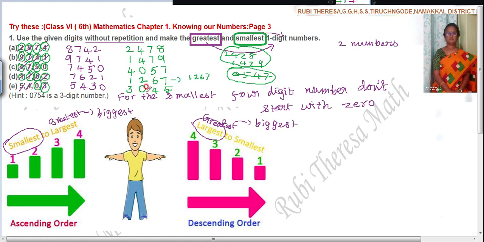But when 0 comes, please don't do this trick. If you want to write, suppose with this, you have to write first 3, then 0, then 4, 5. So with the given numbers you try to arrange. Then you won't make any mistake. Do you follow, my dear?